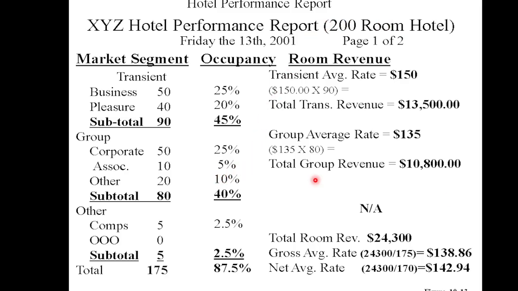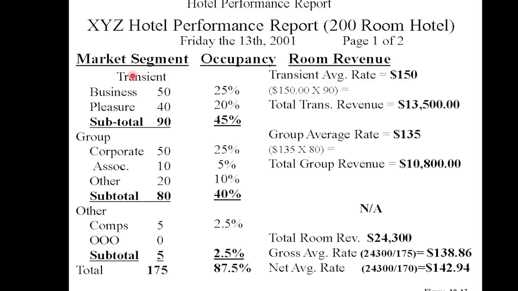Okay, so we'll have the group guests here, the second one for market segment. Group guests are guests that are staying as part of an organized group. So you have here the corporate, then association groups, and then we have the others. Same calculation as with the transient.